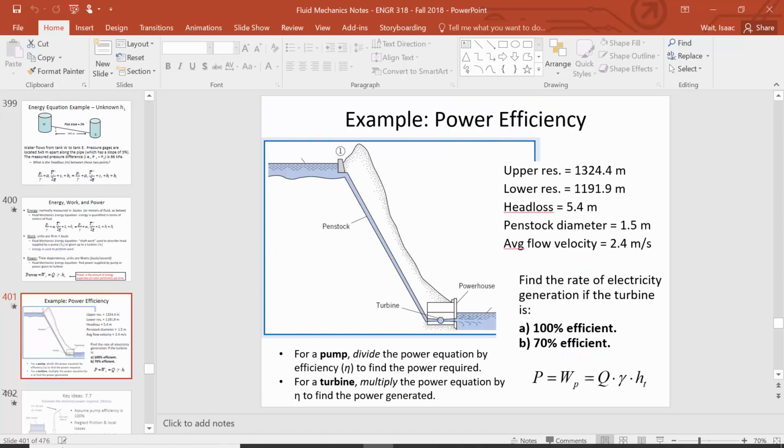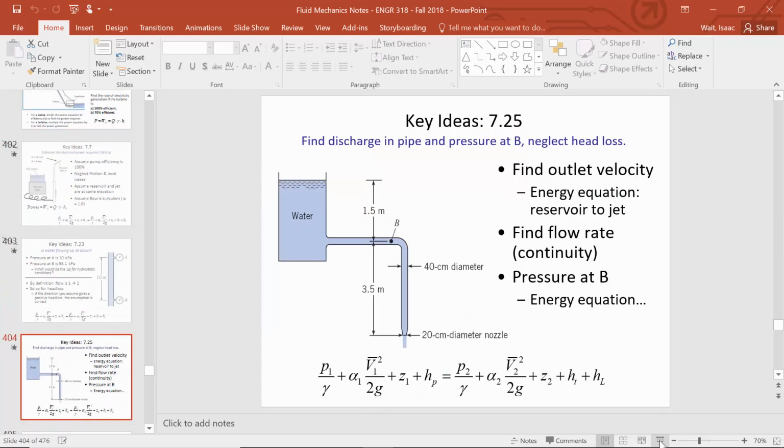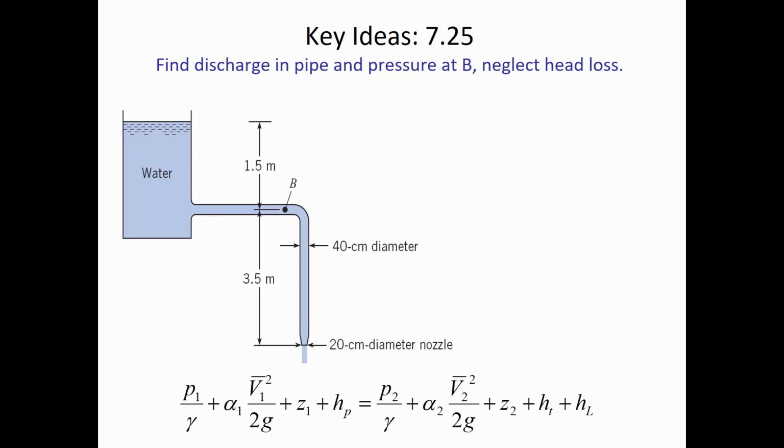Okay, we've got 2 minutes for me to give you these key ideas. All right, so in problem 25, it asks you to find the discharge in the pipe and the pressure at B. So what you do is you find the velocity at the outlet.